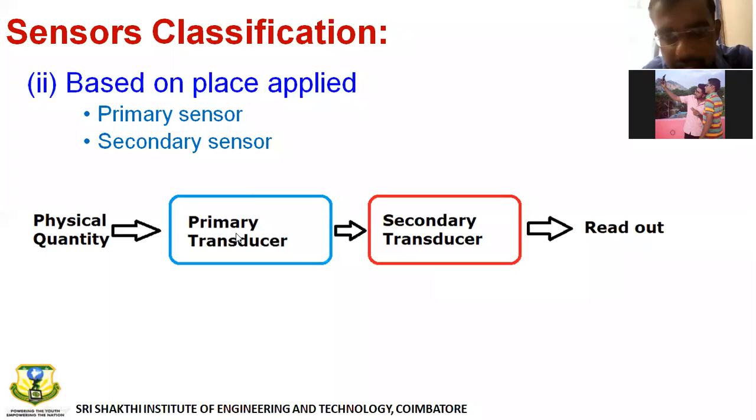Only the primary transducer deals with the physical quantity. The secondary transducer deals with the already converted quantity. Depending on that, we call them primary and secondary, right? So that is the classification of transducers.